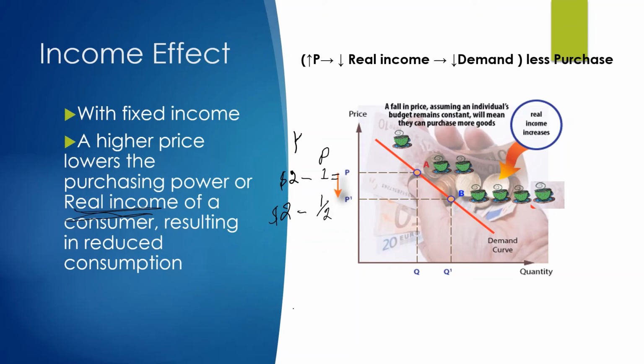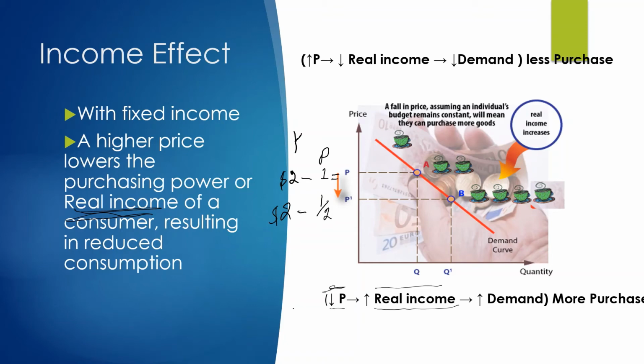So I hope that now you can understand it more clearly by looking at this relation, that with the fixed income, not real income, money income, if there is a decrease in price, then the real income or the purchasing power of your income will increase, which shows that you can purchase more.